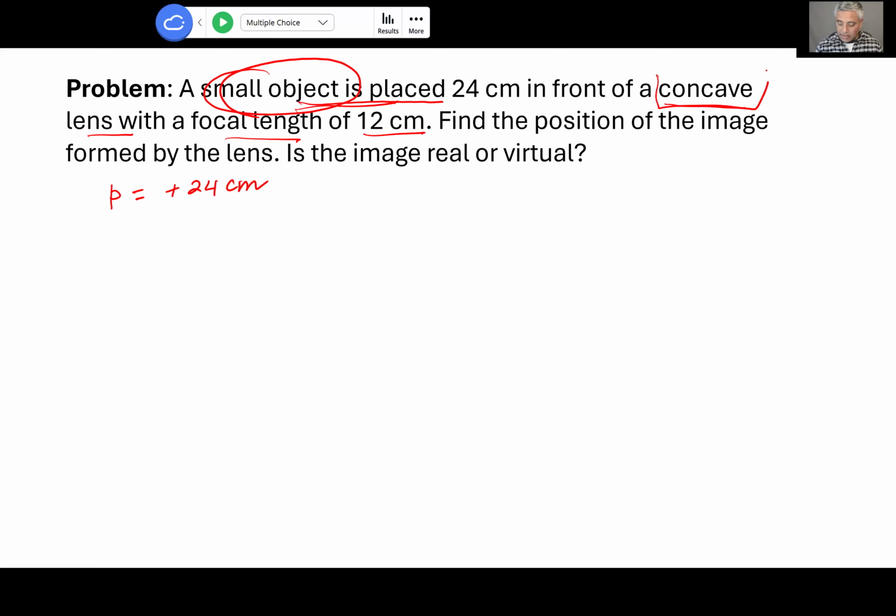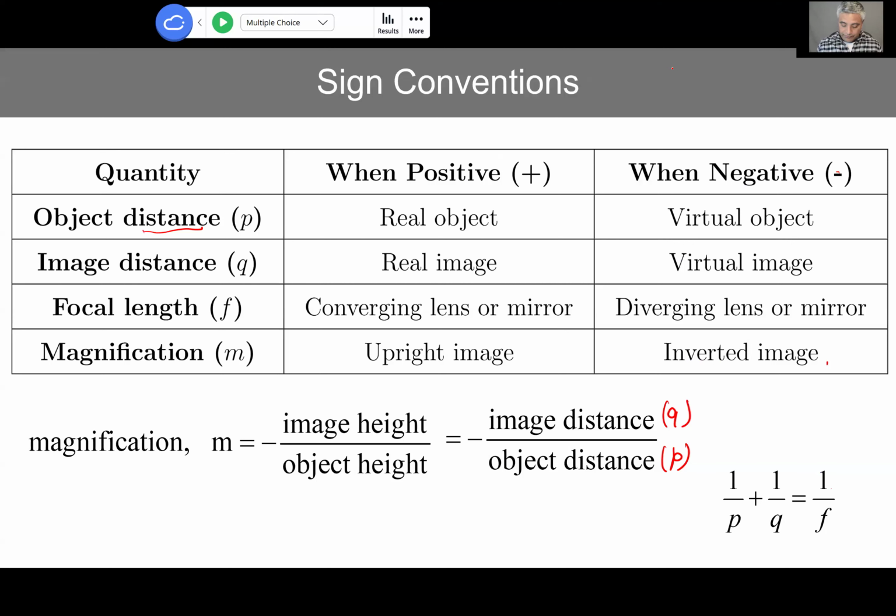Since this is a concave lens, if we go back to that table, what do you see? Concave means diverging lens. Another name for concave is diverging. So the focal length for diverging is negative.